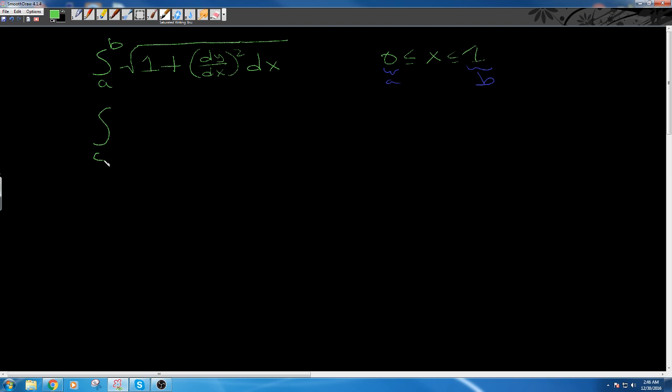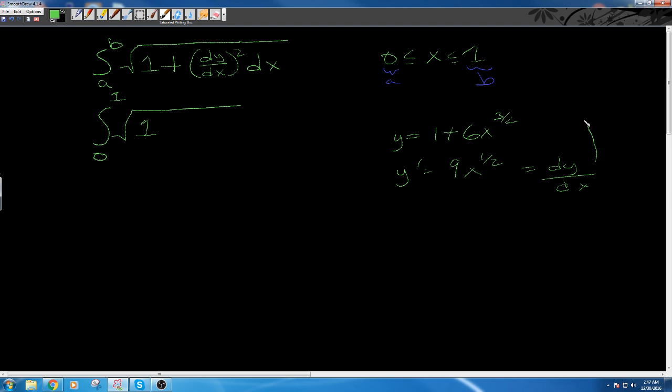We know our a and b are the limits 0 to 1, and we know our dy dx, which we solved: y prime equals dy over dx equals 9x to the 1/2.